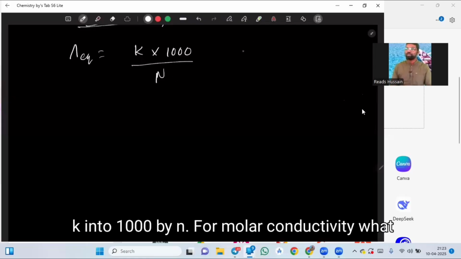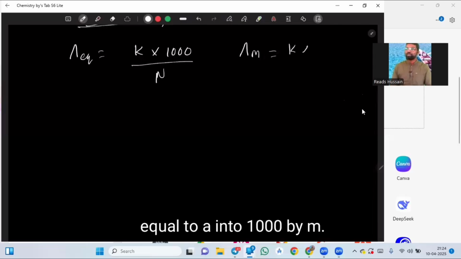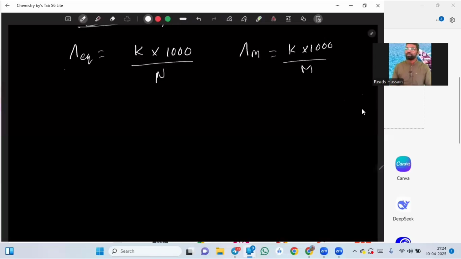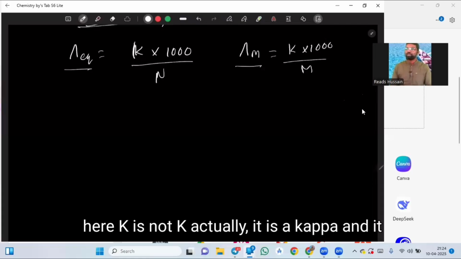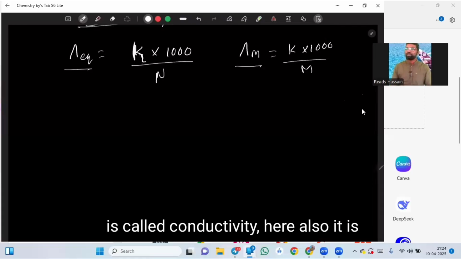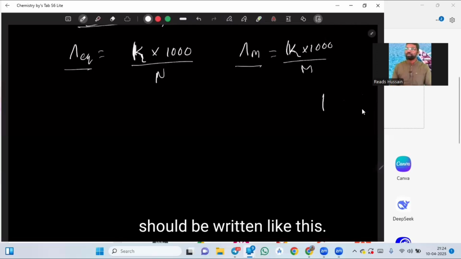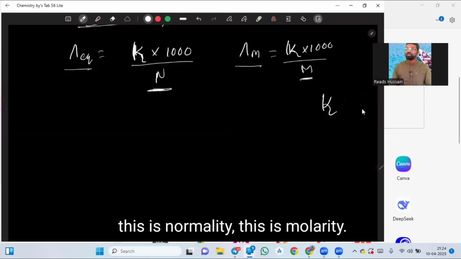For molar conductivity, what we have written? Molar conductivity lambda m is equal to kappa into 1000 by M. Here is a small difference. This is equivalent conductance, this is molar conductance. Here K is actually kappa, and it is called conductivity. N is for normality, M for molarity.